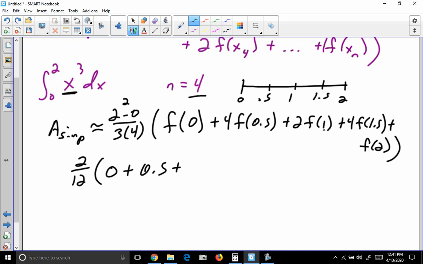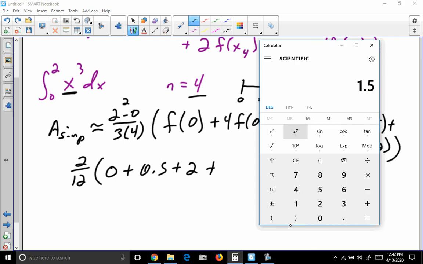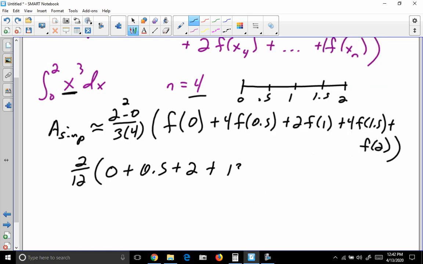If we plug a 1 into our function, we get 1 times 2. And then we do 1.5 cubed. That one gets multiplied times 4, so 13.5. And then we plug a 2 in, and we still get 8 for that. So we could reduce out front and call that one 6 if we want to.